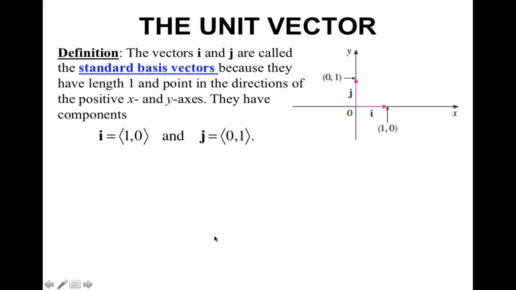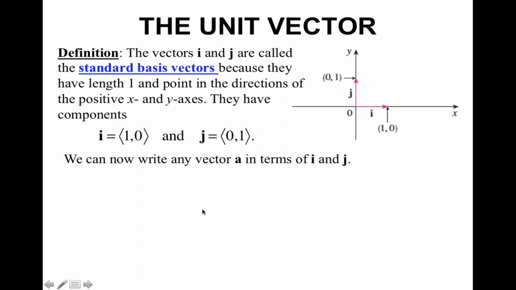The unit vector. If we have the vectors i and j, these are called the standard basis vectors because they have length 1 and point in the directions of the positive x and y axes. They have the following components: i is represented by 1, 0 and j is represented by 0, 1.